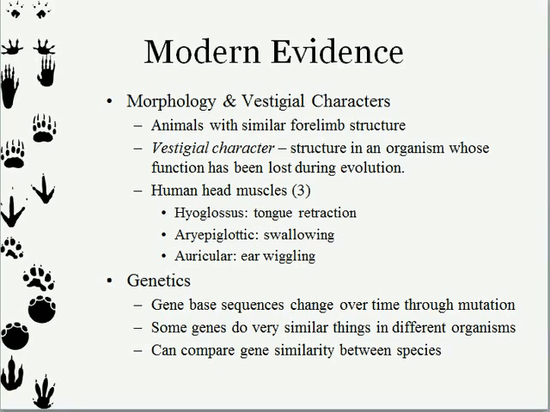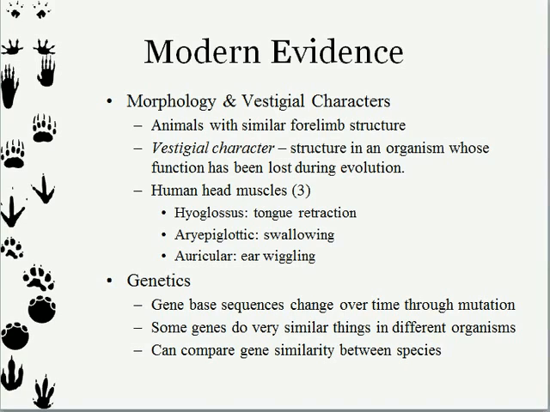Every time you swallow, you're using your aryepiglottic muscle group. And all other mammals have these same muscle groups. We also have auricular muscles in our head. These are involved with ear wiggling. And if I was a rabbit or a deer or a dog, my auricular muscles are very well developed.